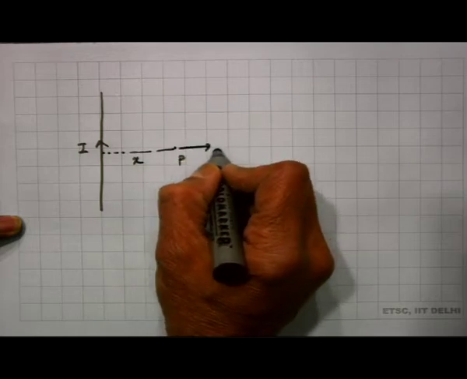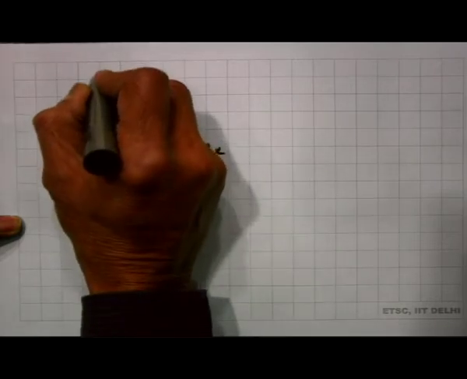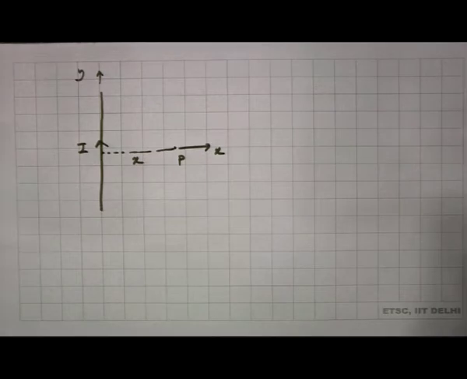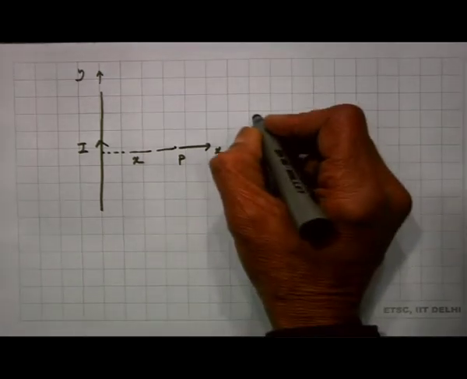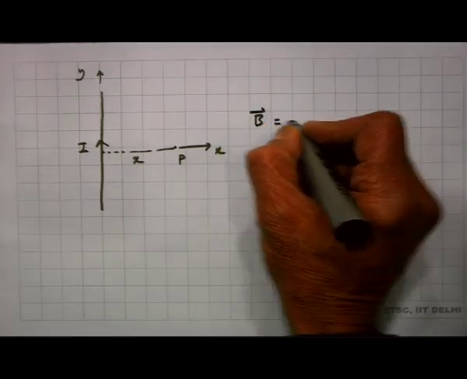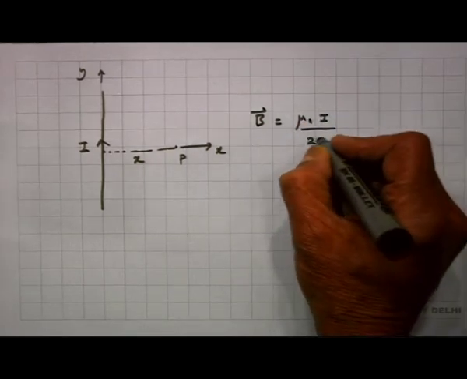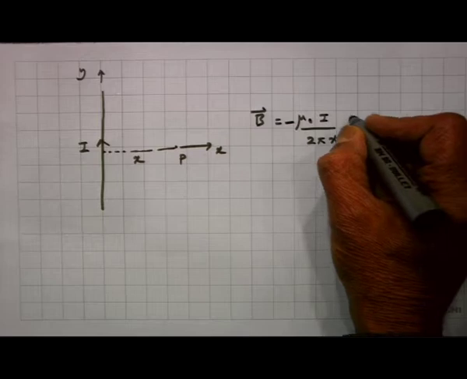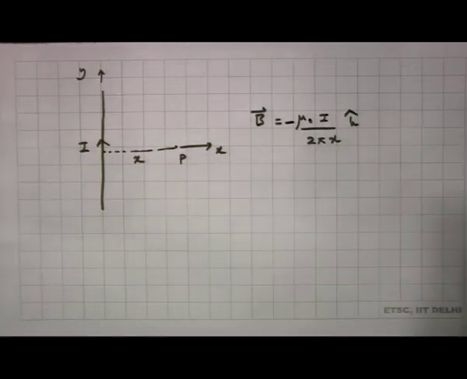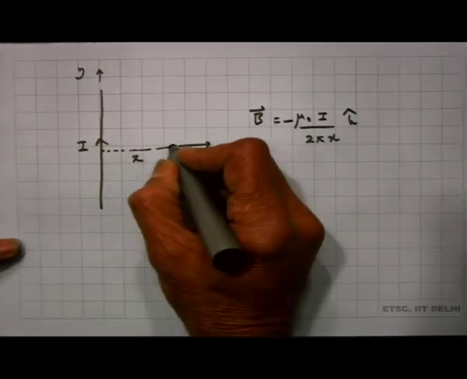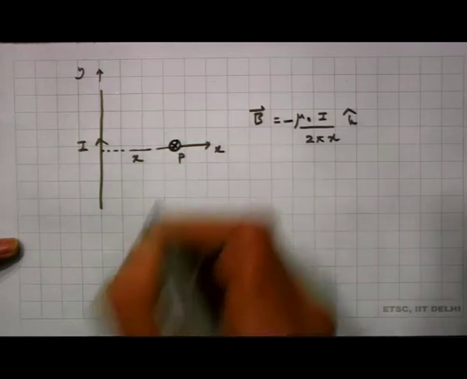We call this the x axis and this is the y axis here, and we showed that the magnetic field B is mu naught I by 2 pi x times minus sin k hat, and the magnetic field at this point is pointing into the paper.